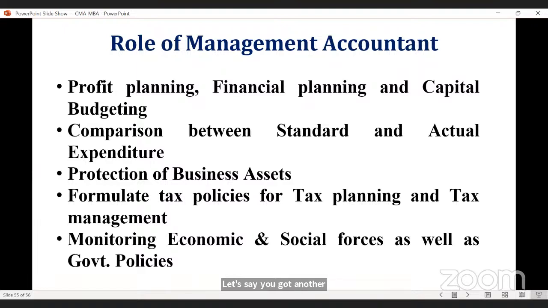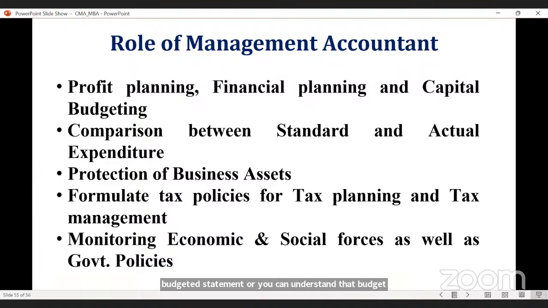Whenever you are going to produce 1000 units of product, first you have to submit one tentative statement, or you can say one estimation, to the top management that I am going to produce 1000 units of product. Let's say raw material requirement is this much, labor requirement is this much, overhead expenses is this much. On the basis of that, you need to prepare a particular budgeted statement, or you can say a standard budgeted statement, on the basis of the standard cost.